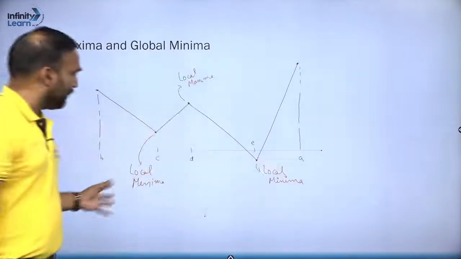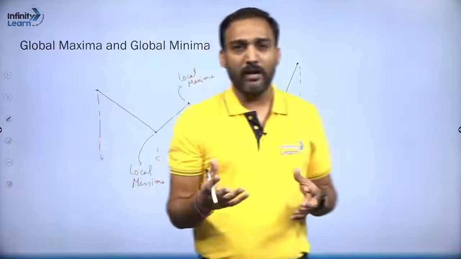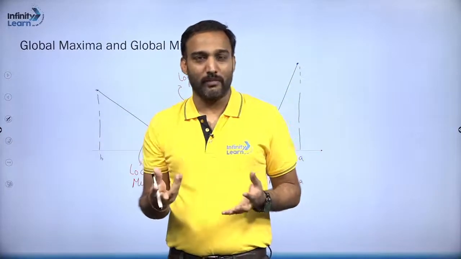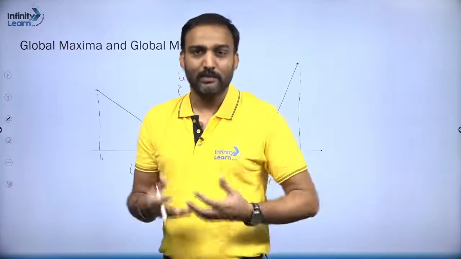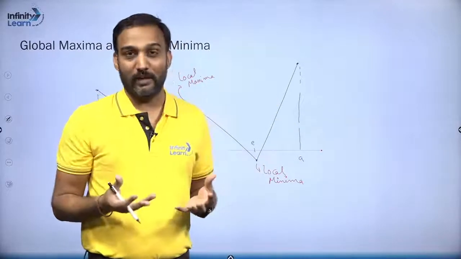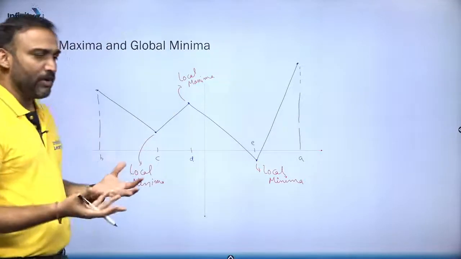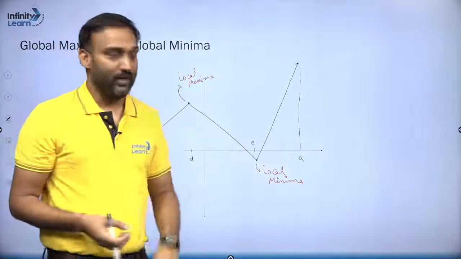From this particular graph, I can say that it is not necessary that we should have only one local maxima or one local minima. You can have multiple local maximas and multiple local minimas. There can also be a possibility where you don't have a local minima or local maxima. So local maxima, local minima can be any number of points. It can be 0, it can be 1, it can be more than 1.